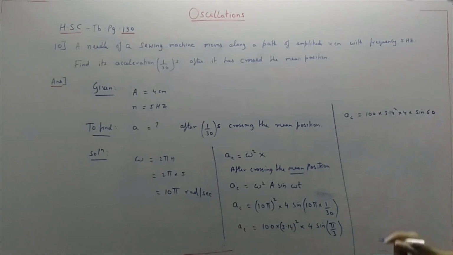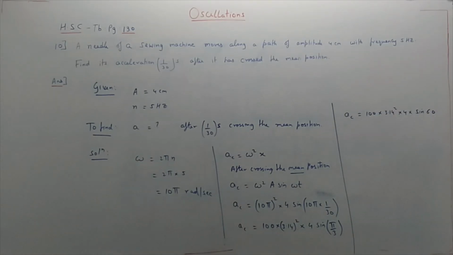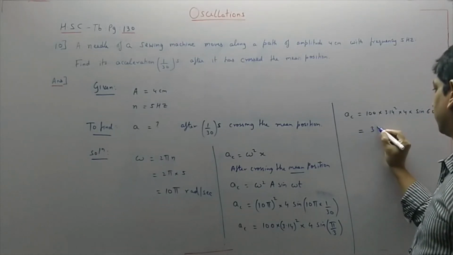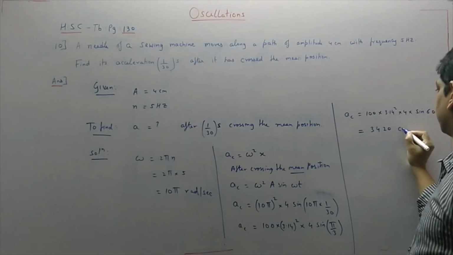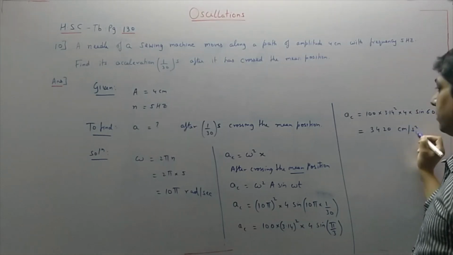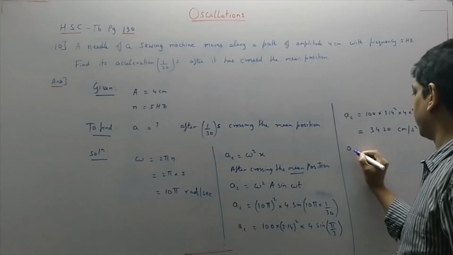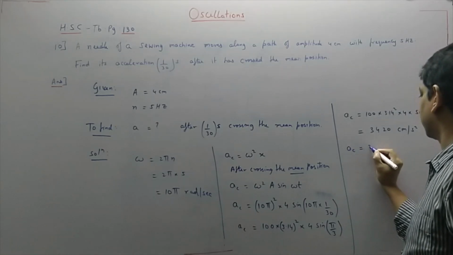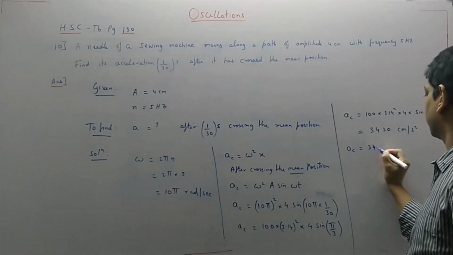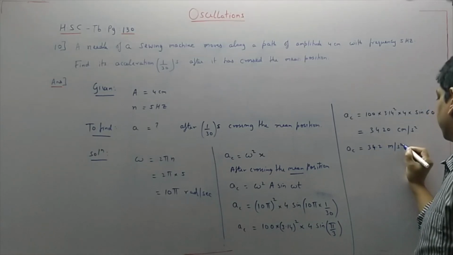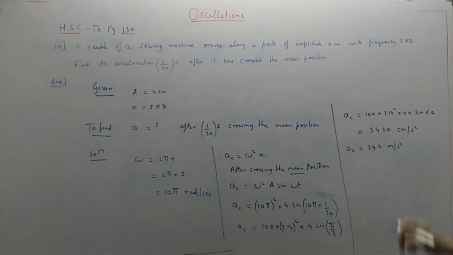Put the value of sine 60 from the logbook. The answer for acceleration is 3420 centimeter per second square, as we have taken amplitude in centimeter, and finally you can convert it by dividing by 100 to 34.2 meter per second square.